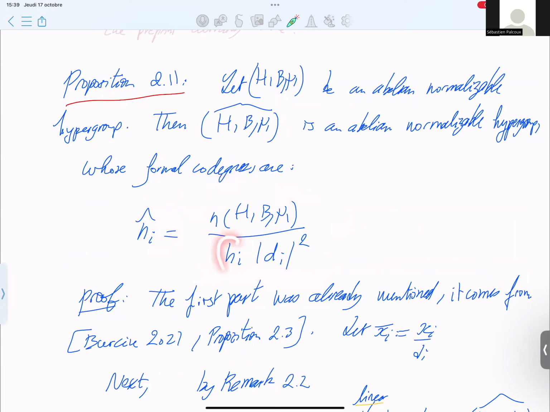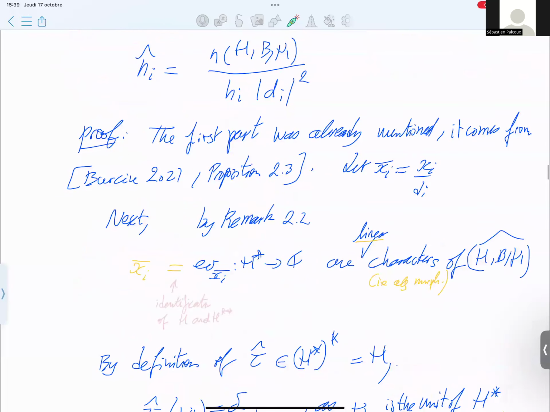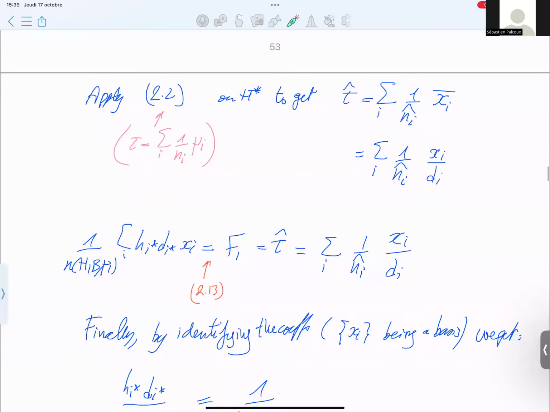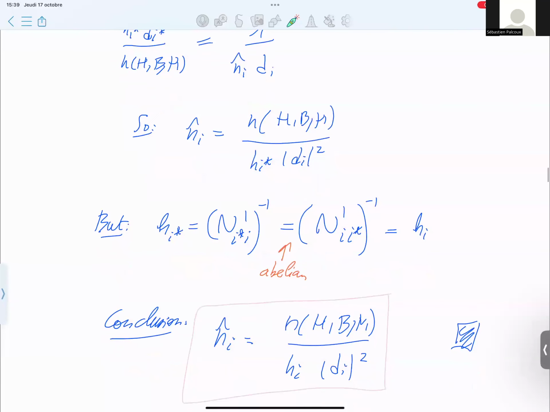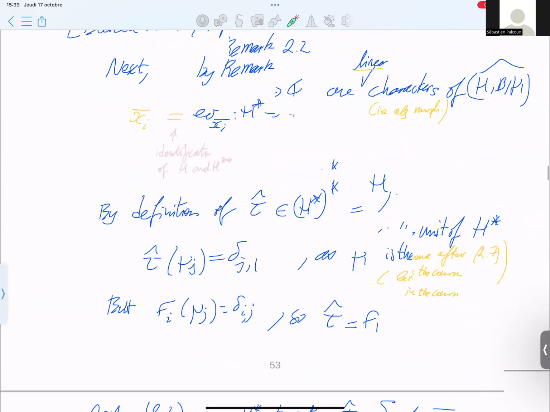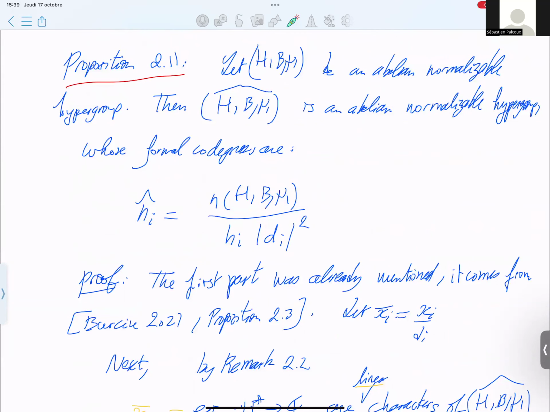So here I expect it's hi, not ni, but I need to check whether it's really. So this is a proof. Hi, I guess. Yeah. So we have this kind of formula for the formal codegree on the dual.